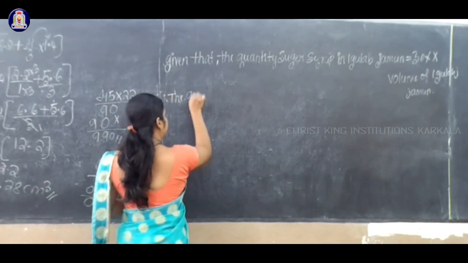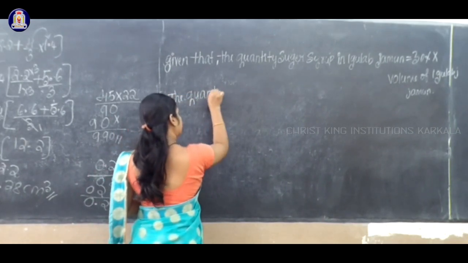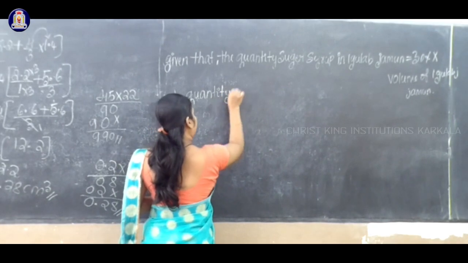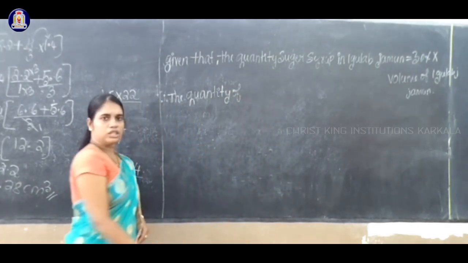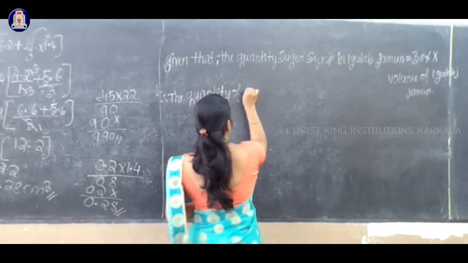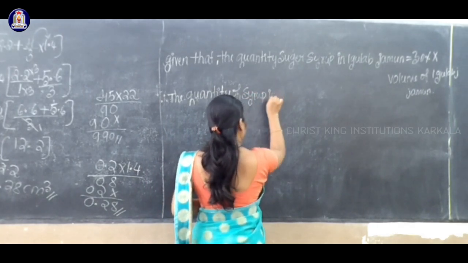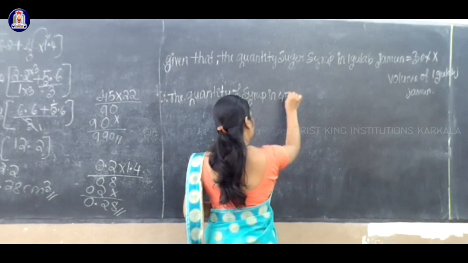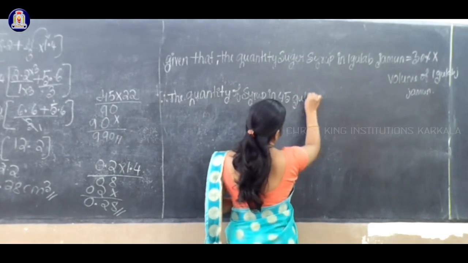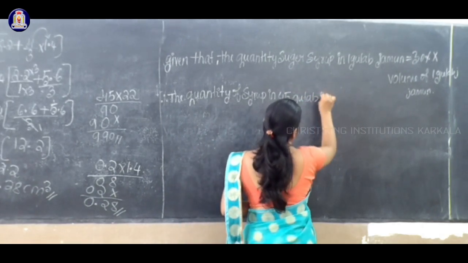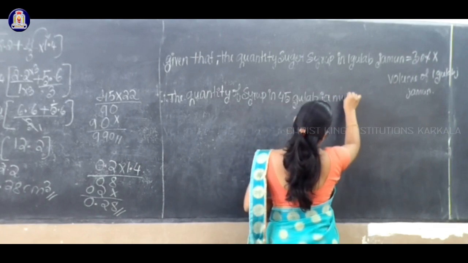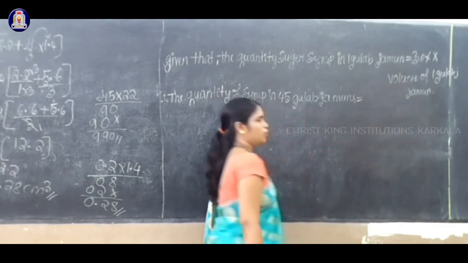the quantity of syrup in how many gulab jamuns? 45. In 45 gulab jamuns equal to how much?